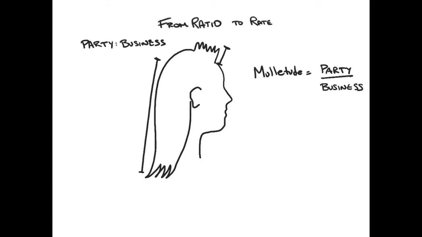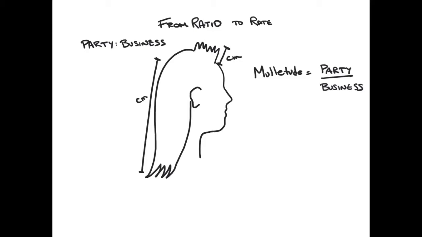And it's so very important to include our units of measurement for this. So while we might have measured the length of the hair on the top of the head in centimeters and the length of the hair at the back in centimeters, when we are looking at the mulletude, we are not looking at two measurements of centimeters. Rather, we are looking at party over business.